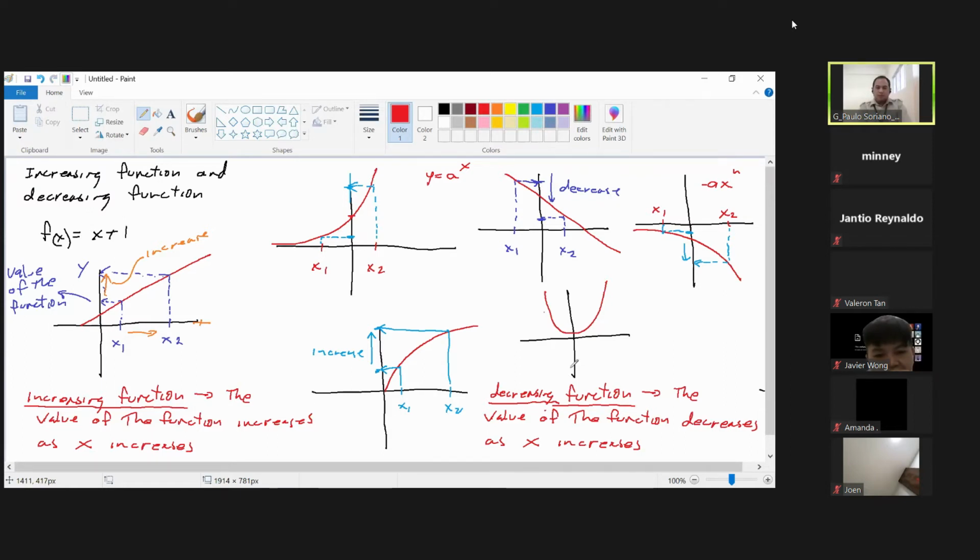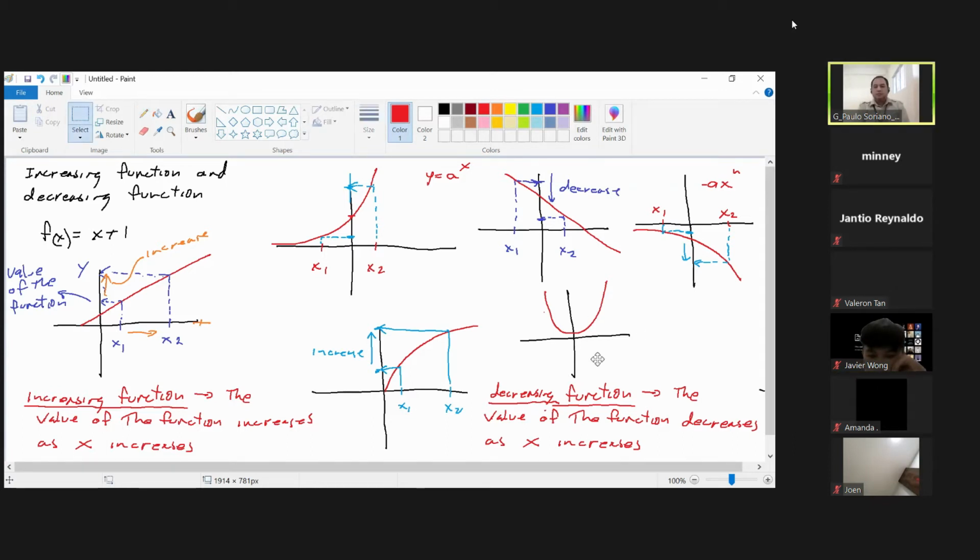Can we say that this is a 100% increasing function? Can I describe it like that? Yes or no? No. Okay, we cannot. Why?